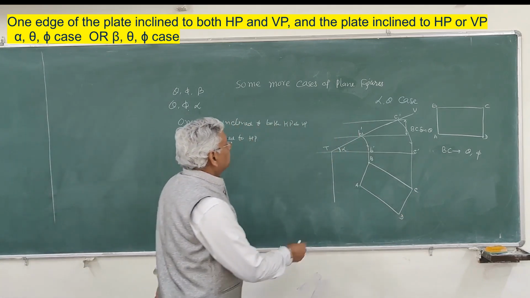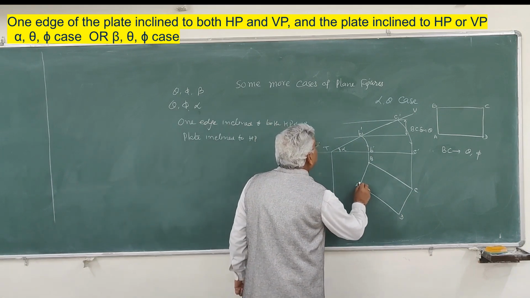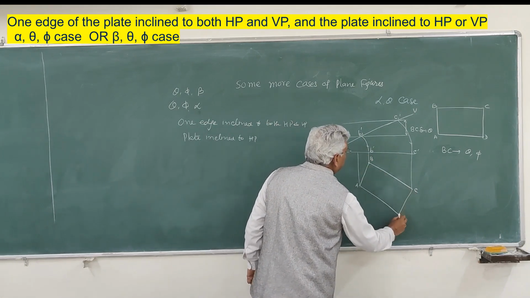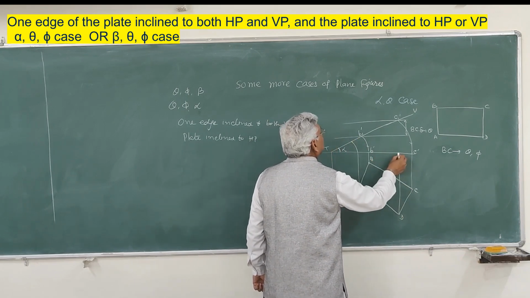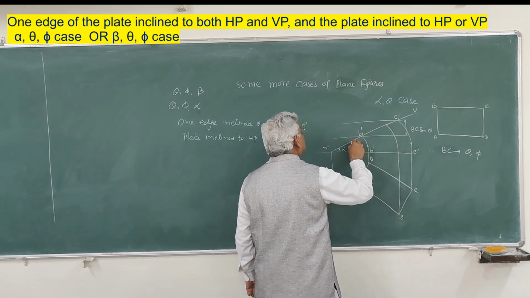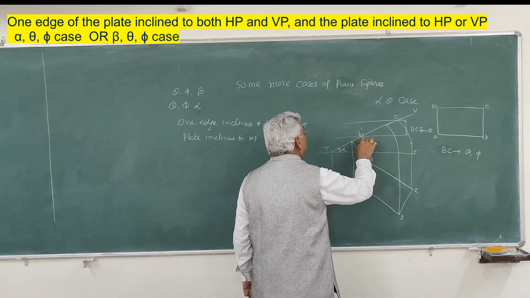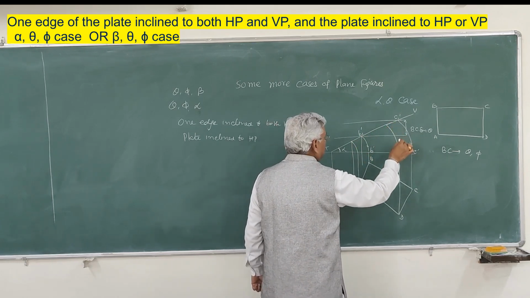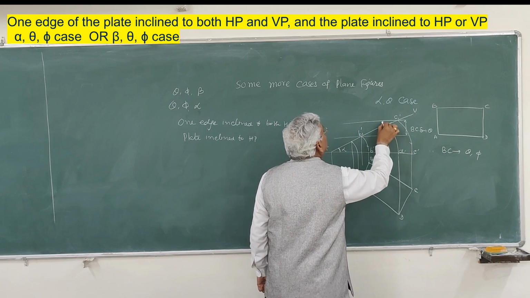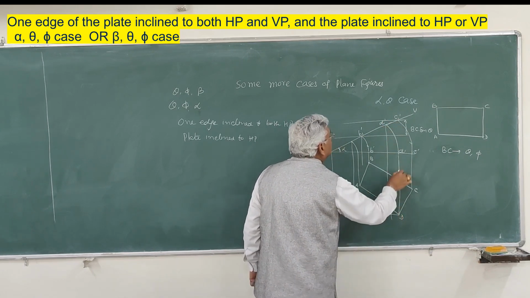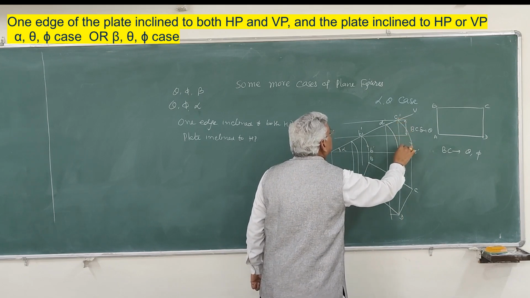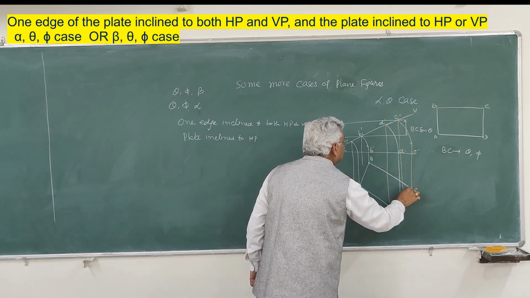And now you project this plate on this inclined plane. Get the new plan. This is D dash, D1 dash, get a point here, and for C you get a point here.